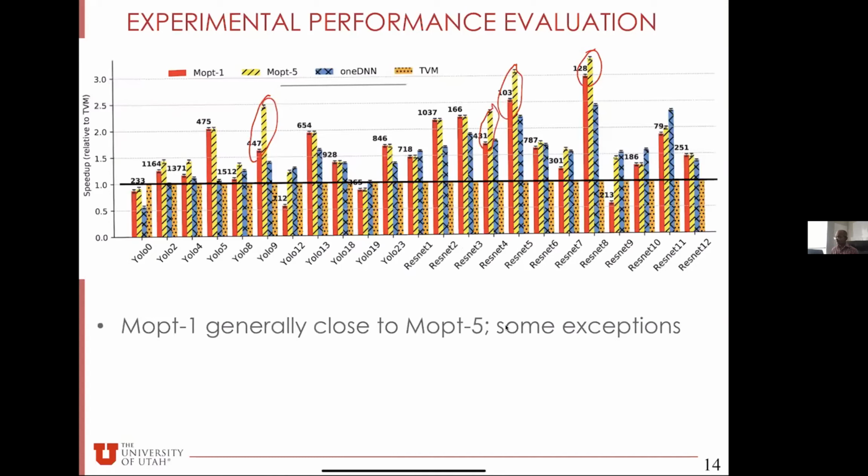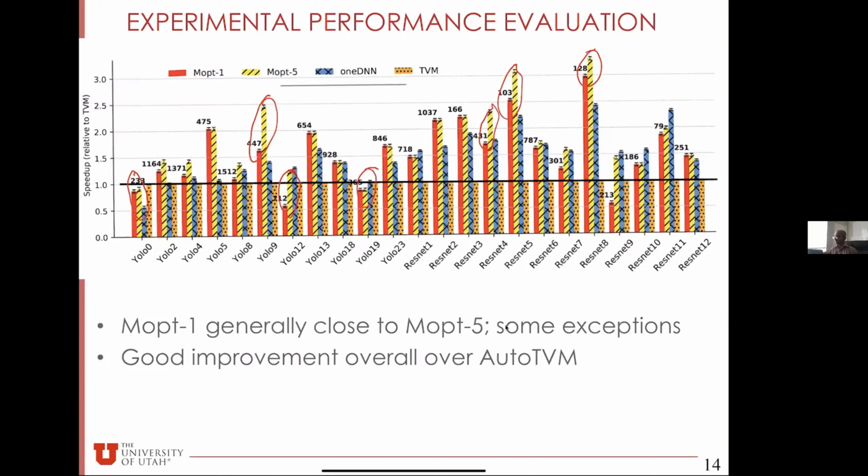So I'm showing here results for the multi-core execution. For sequential execution, we don't see much deviation between mopt1 and mopt5, but for the multi-core case, in a few cases, there is a deviation. Now, in terms of comparison against auto TVM, you can see that both mopt1 and mopt5 in general are performing somewhat better than auto TVM, although clearly there are cases where we are underperforming too.